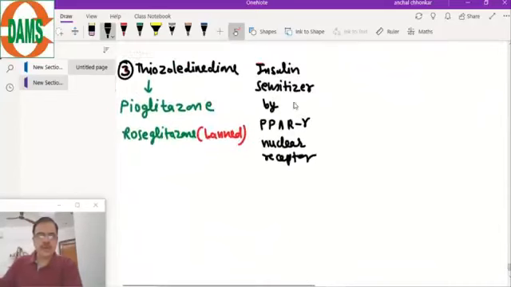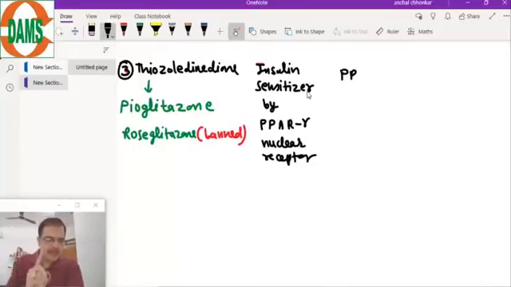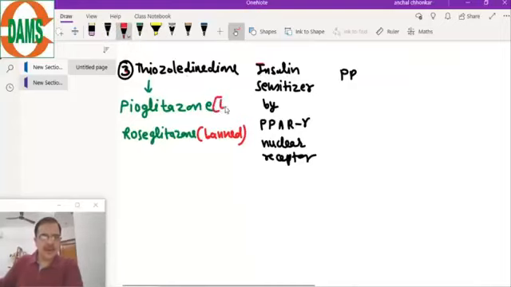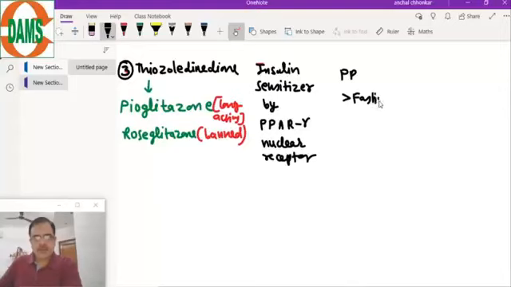Glucose control: it is basically an insulin sensitizer, so the main effect is on the PP sugars. Remember, insulin resistance is responsible for high PP sugars, but because it is a long acting drug, remember pioglitazone is a once a day drug, this will control the fasting also.